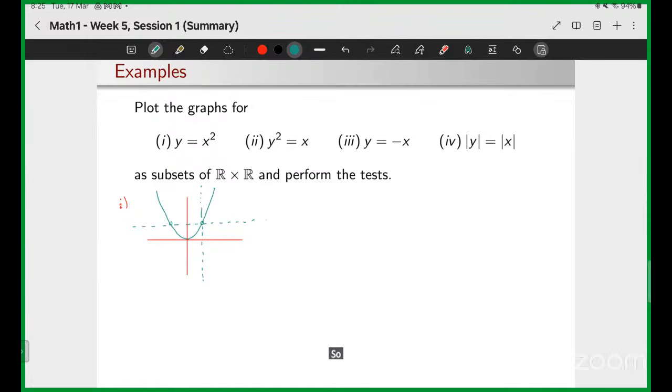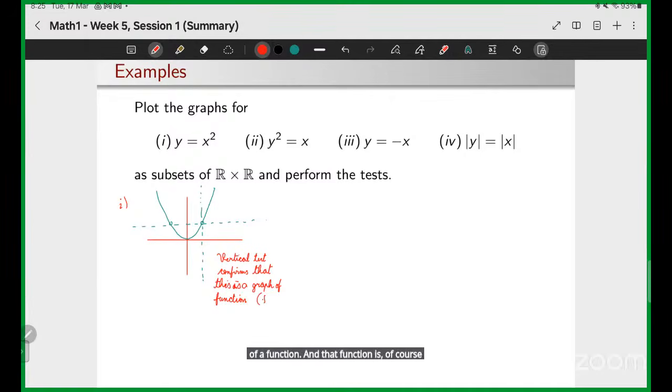So in this case, the vertical test confirms that this is a graph of a function, and that function is, of course, f of x equals x square.